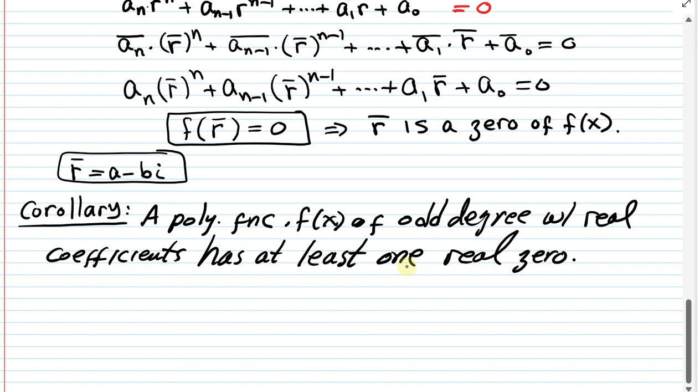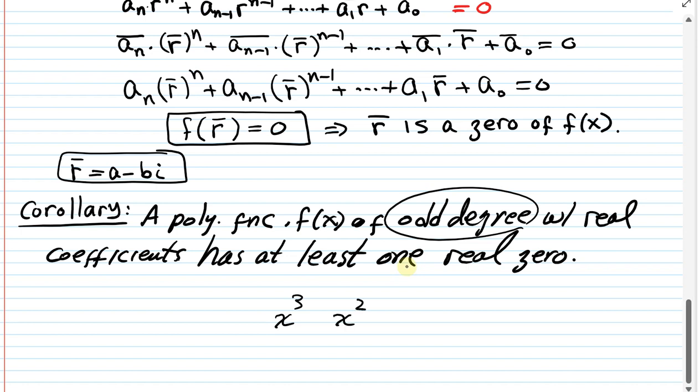You can make up your own polynomial functions with real coefficients. Make them odd degree. So do a 3rd degree, 5th degree, and so on. Your function that you make up will have at least one real 0. The reason is because, remember, complex solutions occur in pairs. So if it has odd degree, let's say, for instance, I have something like x cubed.